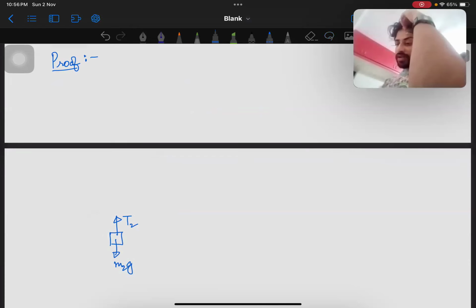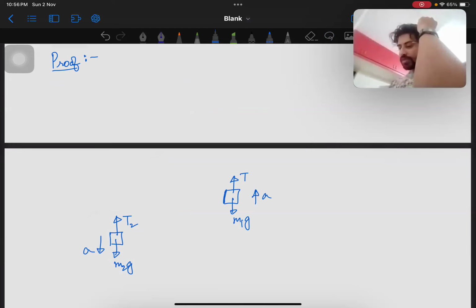And similarly, on the right side, this one is M1g, and the tension force T1 upwards. We said that M2 is greater, so acceleration this way for this one, and this way for the other. Pulley: on both sides of the pulley there will be tension forces.